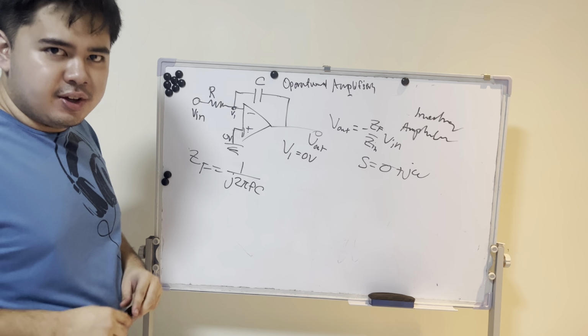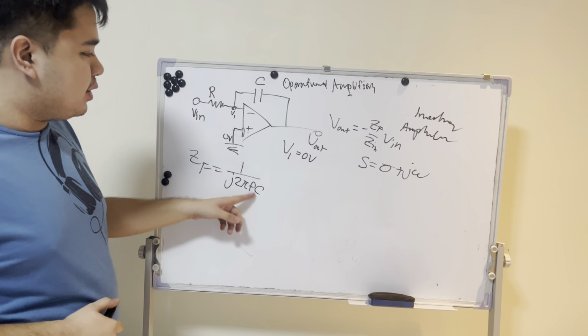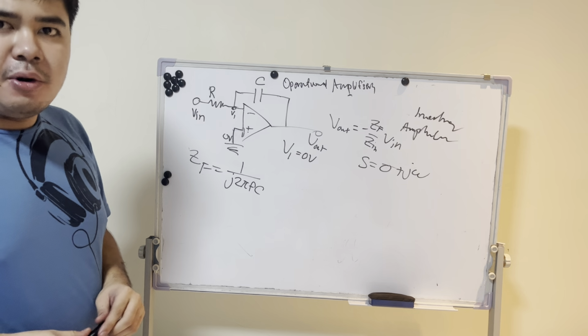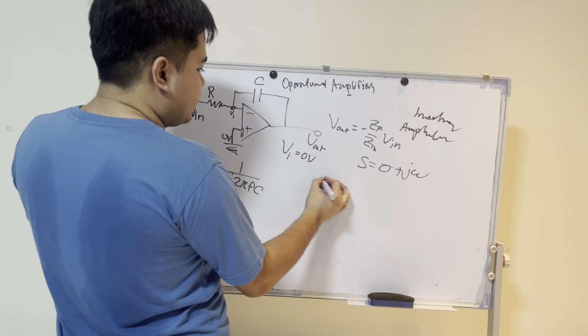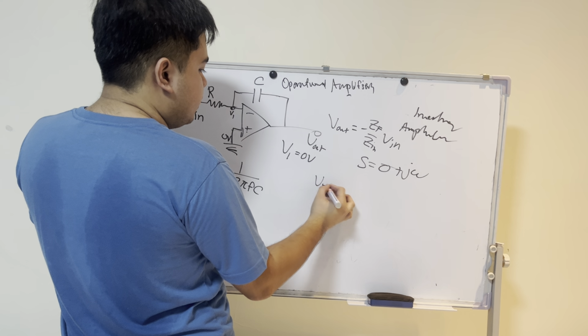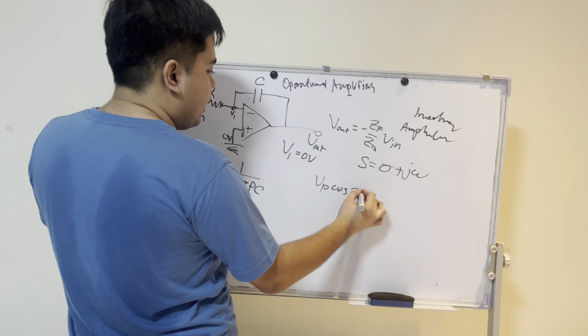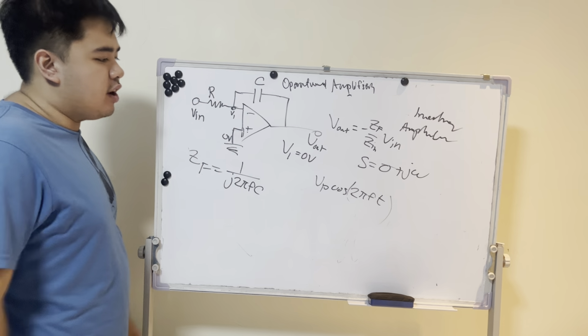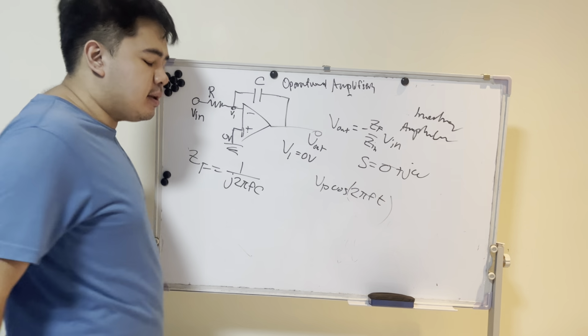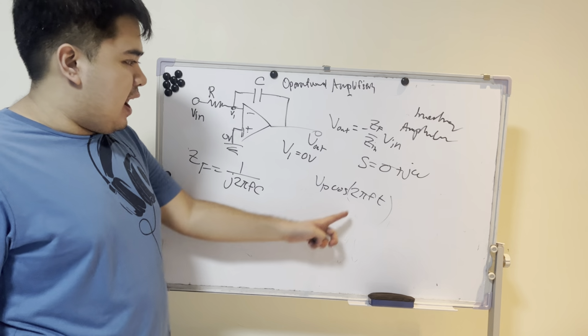2 pi f is something called the radian frequency. Where can we find 2 pi f? Well, when we describe a sinusoid, for example, Vp cosine 2 pi f t, we usually have the coefficient of the independent variable t, time, as 2 pi f.